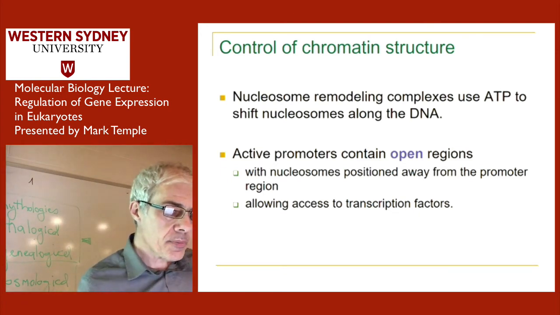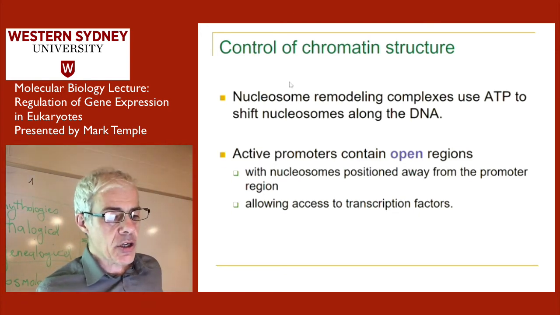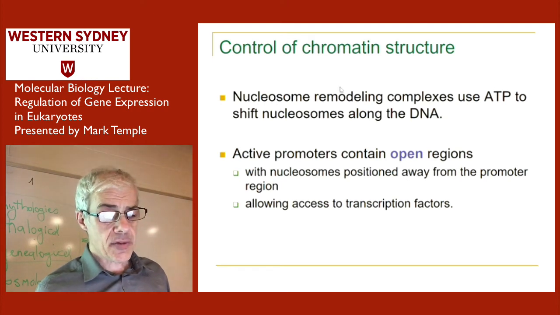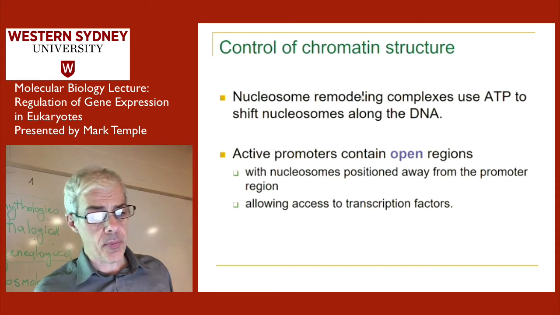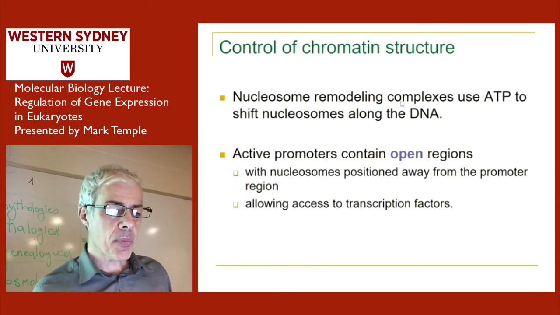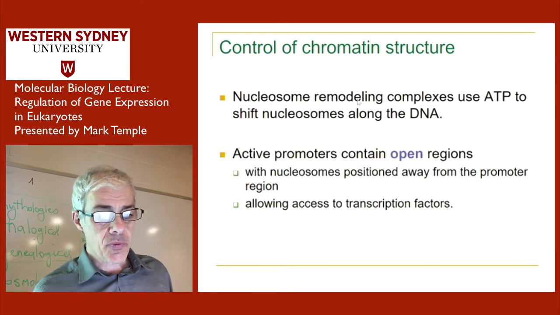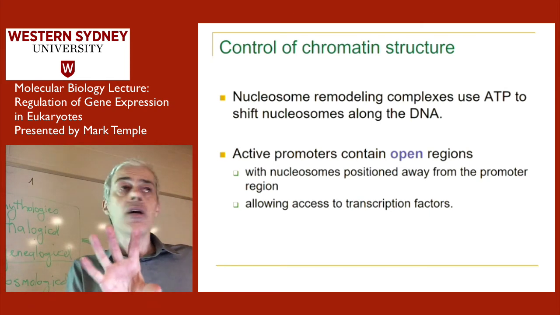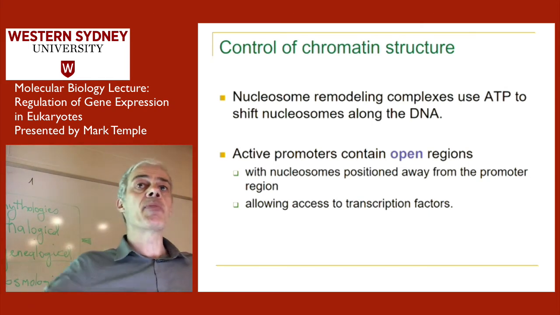So nucleosomes are said to be remodeled. Okay, now there's different ways you can remodel nucleosomes. The textbook covers a couple of them, but one of the ways of remodeling is to physically shunt the nucleosomes away from the promoter.